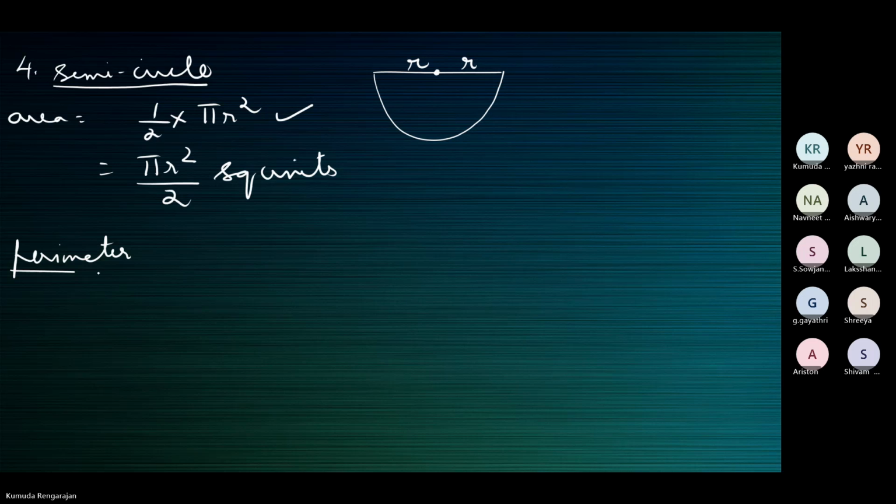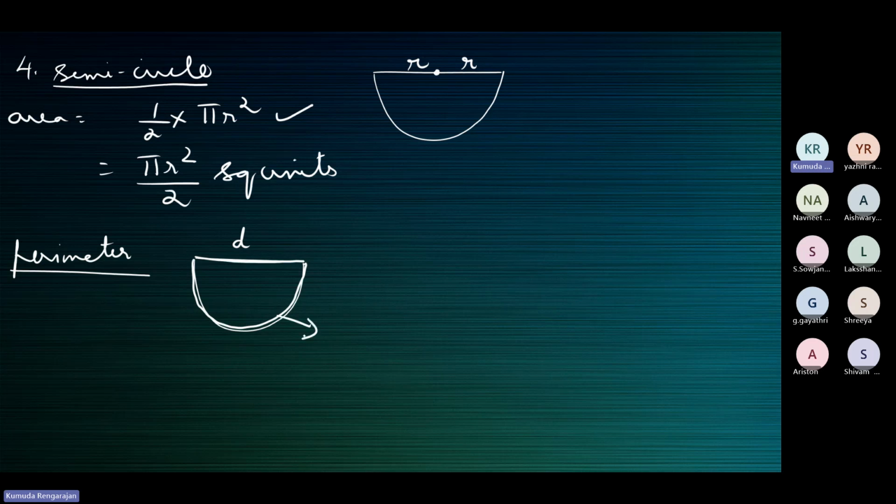Now, look at this figure. What is the perimeter? It's the length of the boundary. Now, what do you see in the boundary? We see the diameter, and we see this arc.